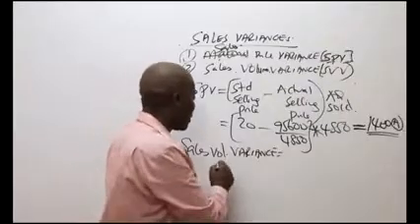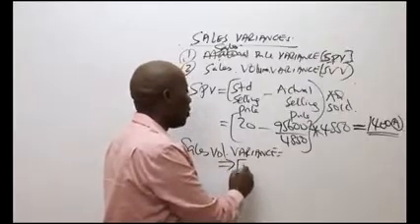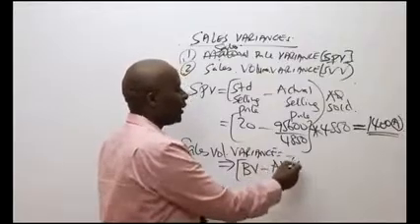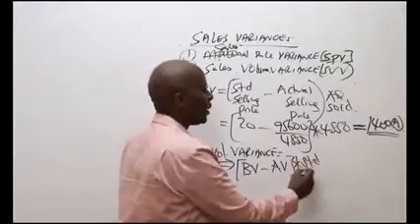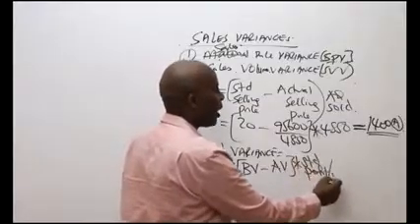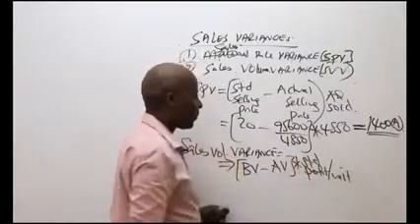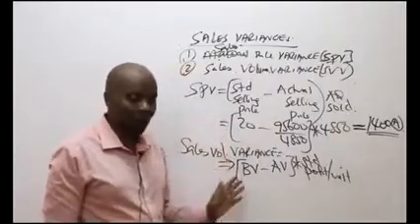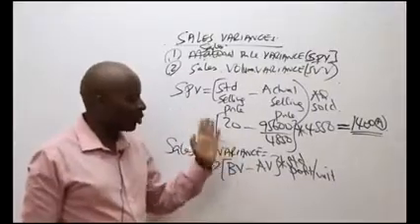To get the sales volume variance, ladies and gentlemen, we normally take budgeted volume minus actual volume, and then outside we put the standard profit per unit.